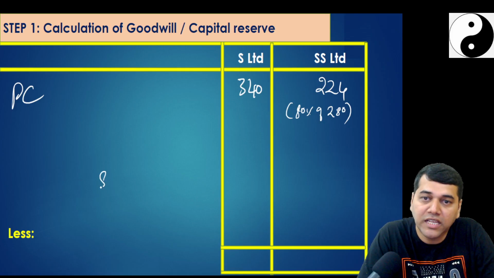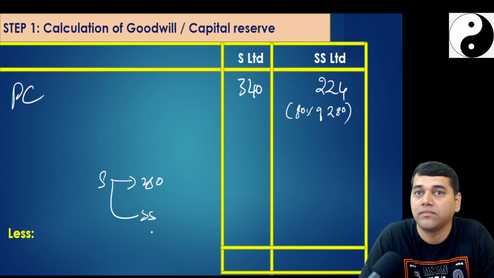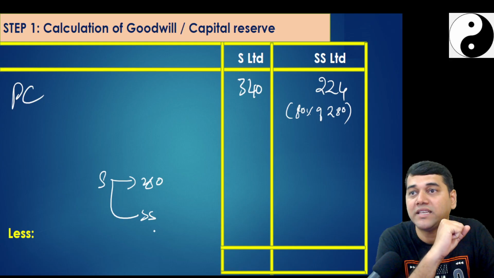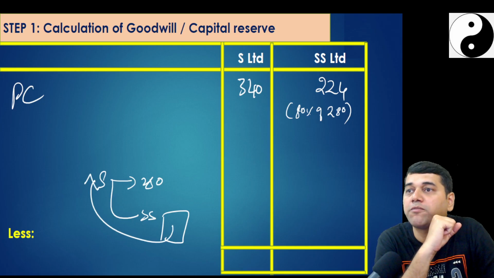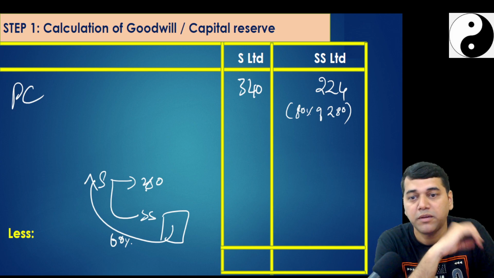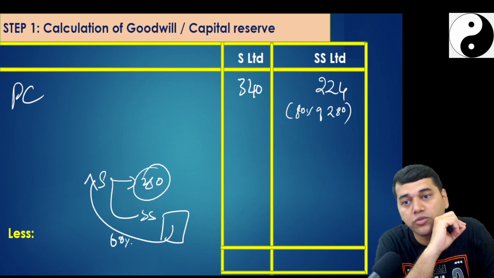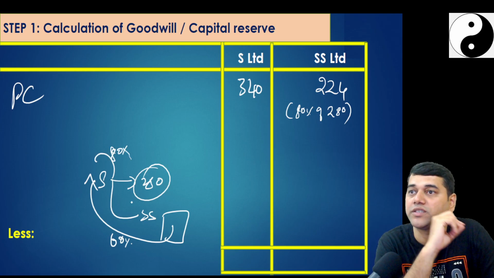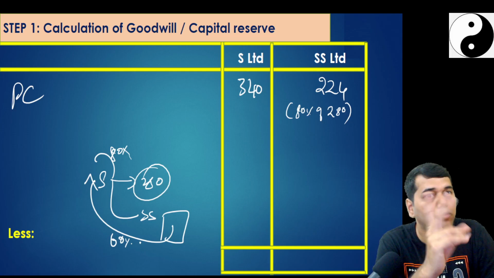See, from the balance sheet of S Limited, 280 went to the owners of SS. Now, who earns the profit at the end of the year? SS. So you want to take your share of profit, take effective interest, 60%. But when the question comes, who paid the cash 280 to the owners? You say, I paid only 80% of it out of 280. Understand? Both are different.